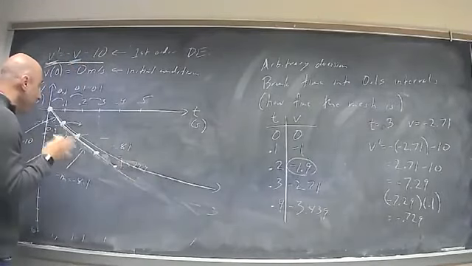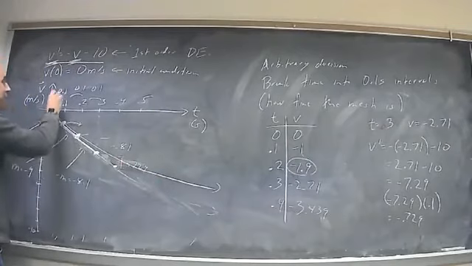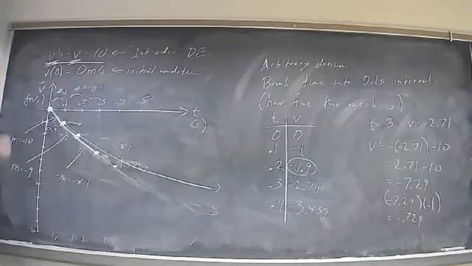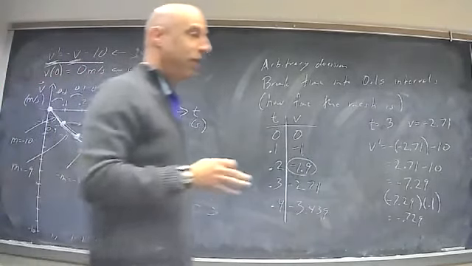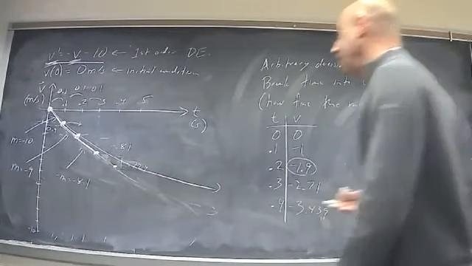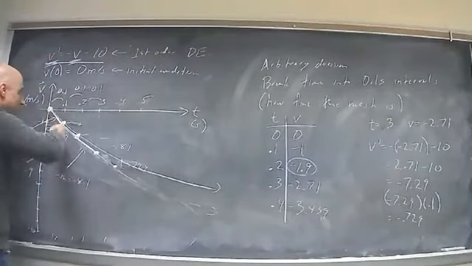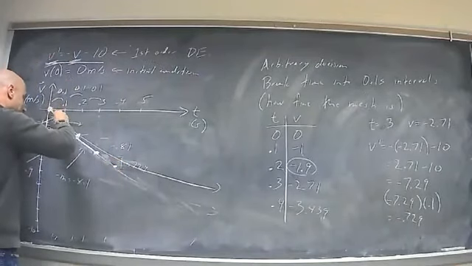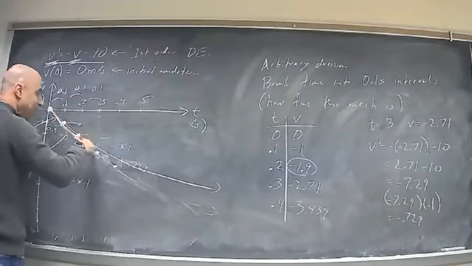The most important thing is that we've taken time, which is really a continuous variable, and artificially chopped it up so that we could approximate a solution to a differential equation, even when we couldn't get an exact solution to that differential equation.